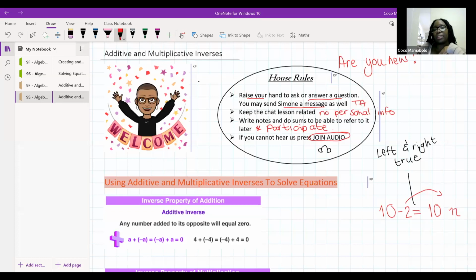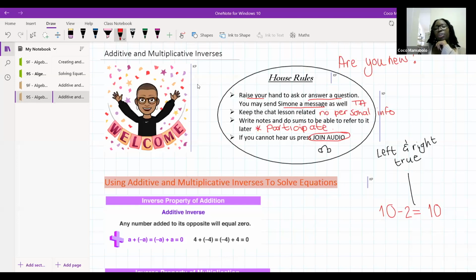That's not going to help us. What would be the easiest thing for me to do here? I've already minused 2 on this side. What do you think I can do to that side to keep this true? Ma'am, you must say 8. Ma'am, I don't know. Okay, all right. It's a very simple answer. It's not as complicated as you're thinking.